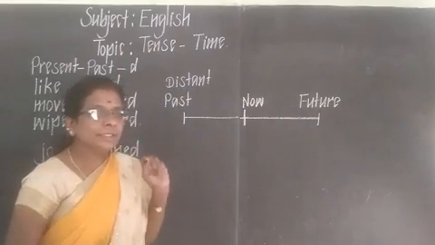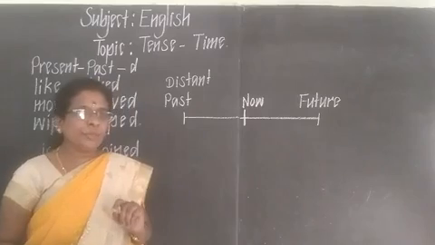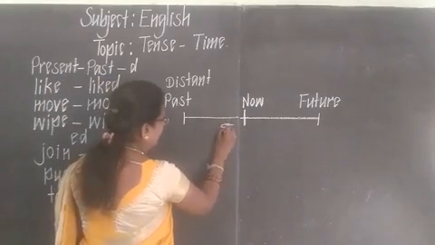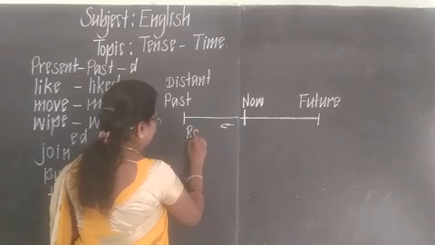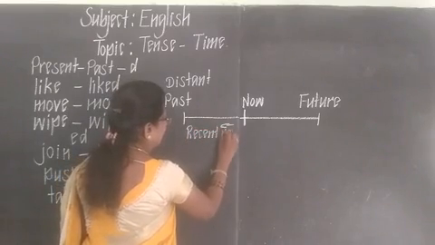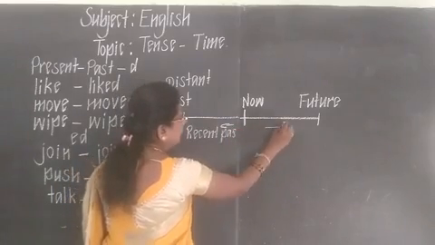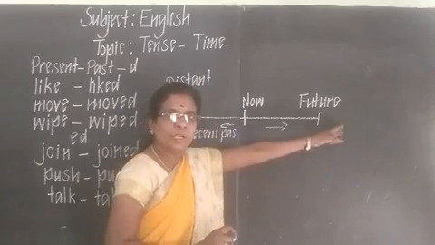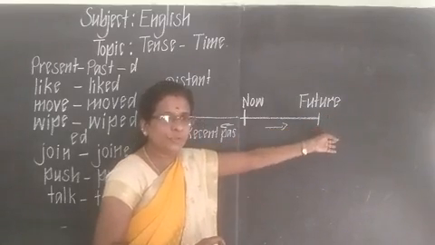Okay, children. The time of the action can be the recent past, or the future. The action is going to happen in the future. This is future tense.